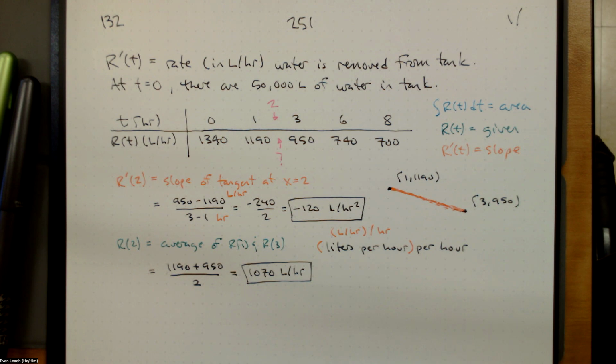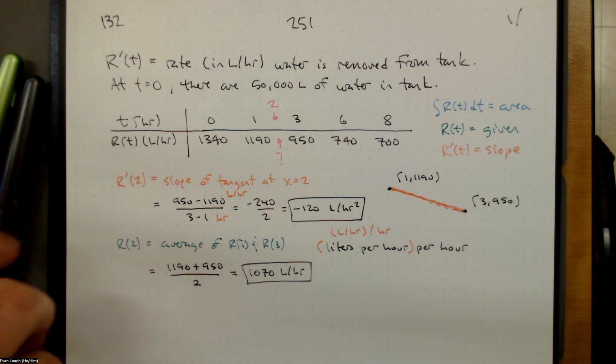We're still thinking linearly. If we make the tangent line, or if we create the line connecting 1190 and the 950, this is the same place we will land. So this is still thinking linearly.